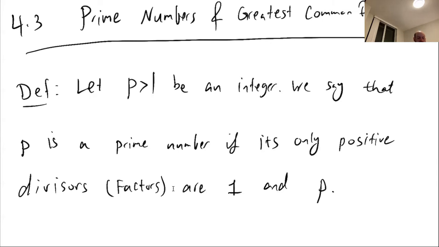Okay, so if a number has only two factors, 1 and the number itself, then that number is called a prime number. And of course, by definition and by convention, a prime number has to be positive.